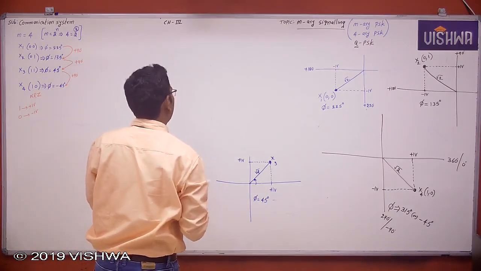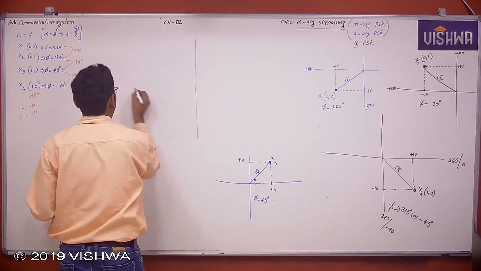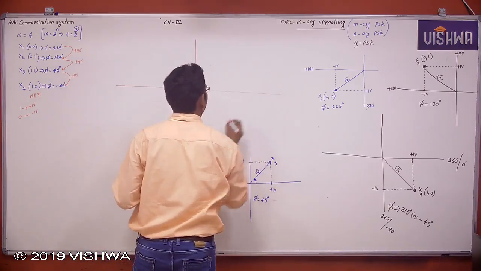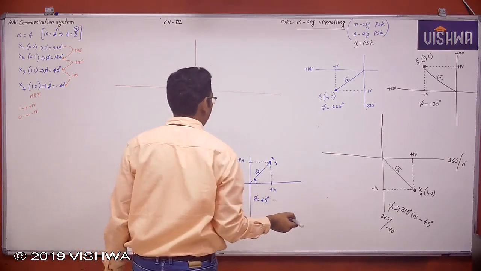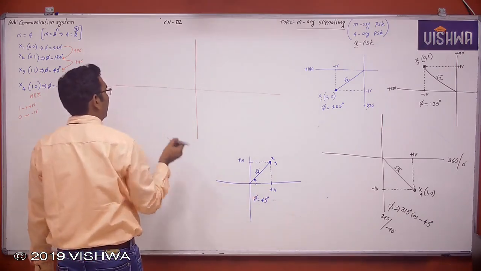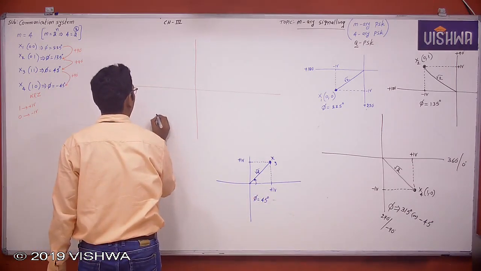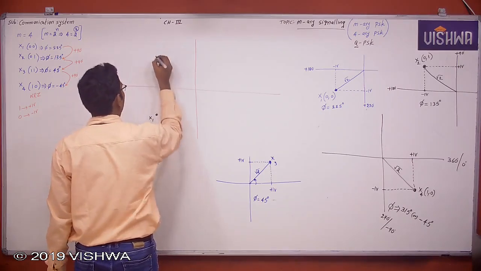Now all these things are represented in a single diagram. Now this is the first symbol. Where is the first symbol? X1. This is the first symbol. Where is the second symbol?